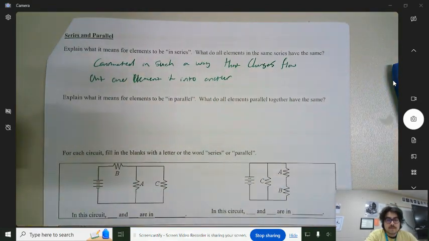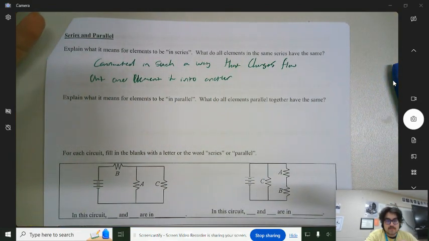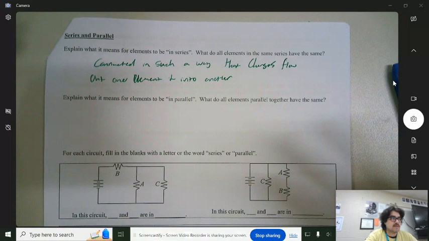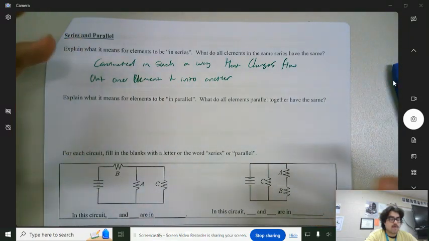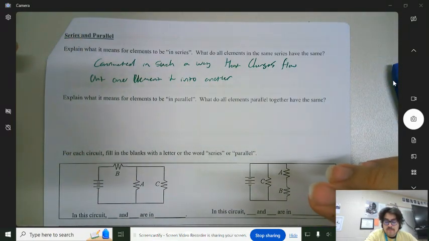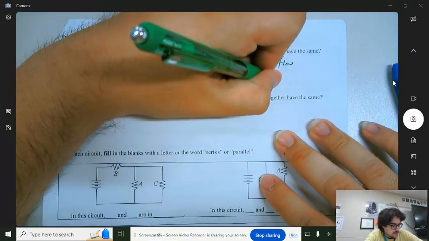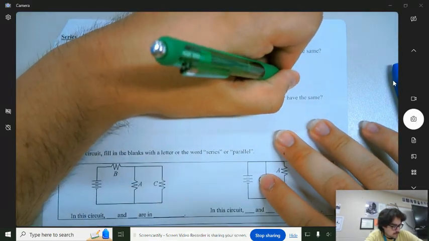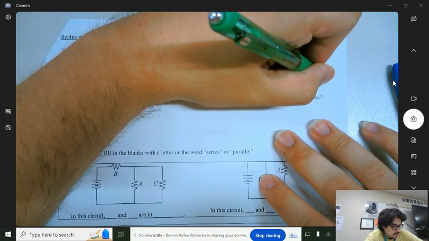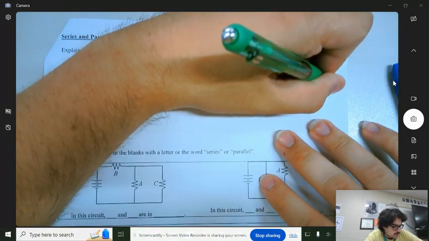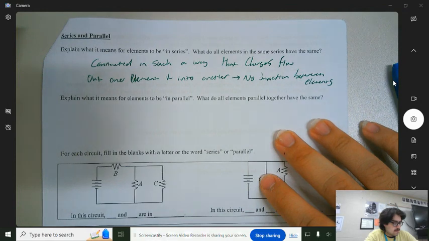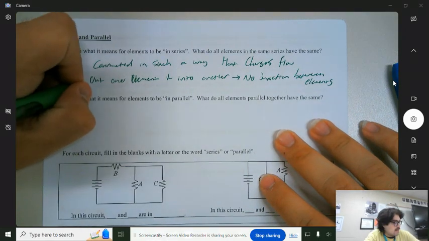You start with one element, and charges continue out of one element into another. There's no junction between elements. You could also say this is like in a line.